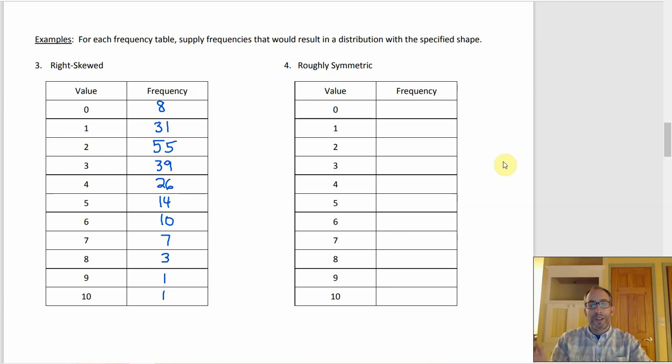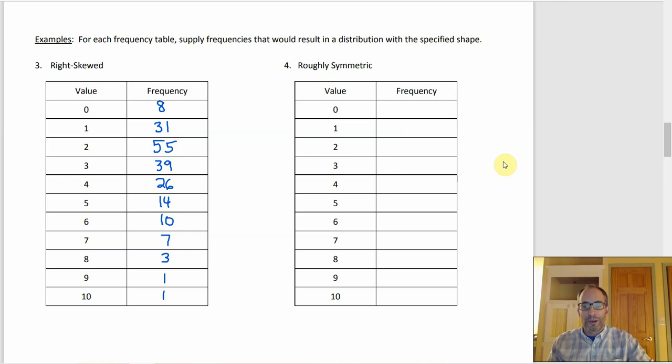And if you could rotate the page so that you had the 0, 1, 2, 3, 4, 5, 6, 7, 8, 9, 10 on the bottom, you can visualize a bar of height 55, then 39, 26, 14, 10, 7, 3. They get smaller and smaller, but it takes a while to get all the way down, right? That's stretched out pretty far horizontally. But then the left side, you get down real fast, right? So short left tail, long right tail.